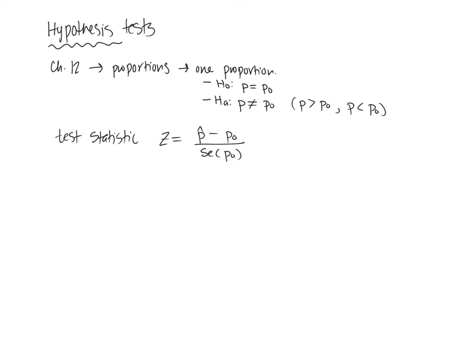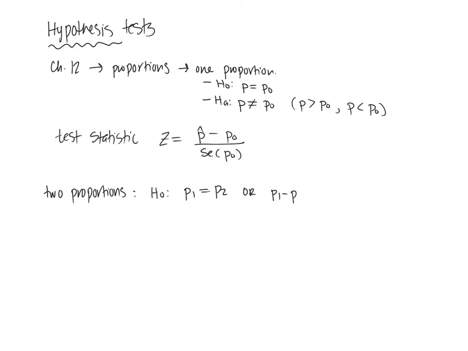Go back for just a second. One thing that was a little bit tricky: I think one proportion wasn't so bad, but two proportions was a teensy bit tricky. With two proportions, your H naught was that P1 equals P2, or how did we usually phrase that?